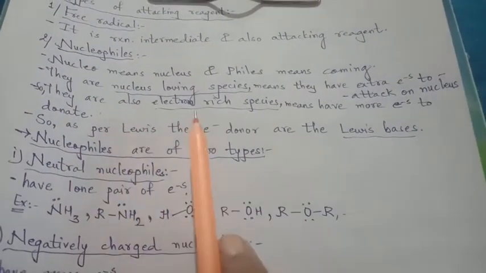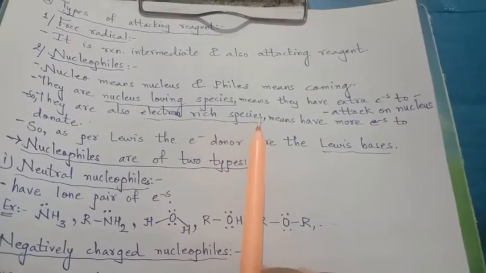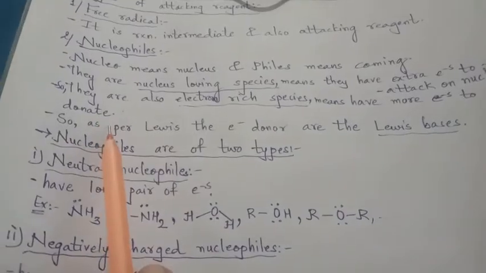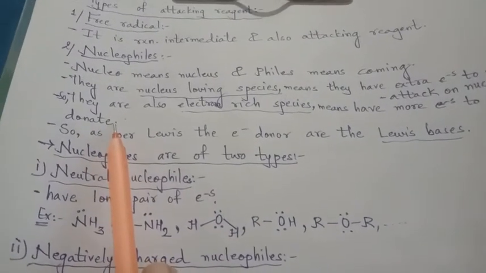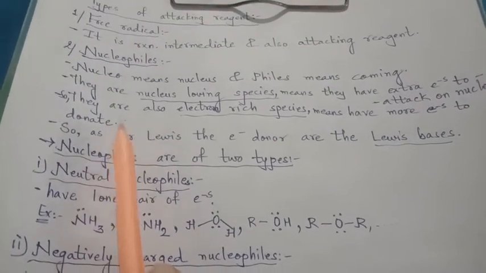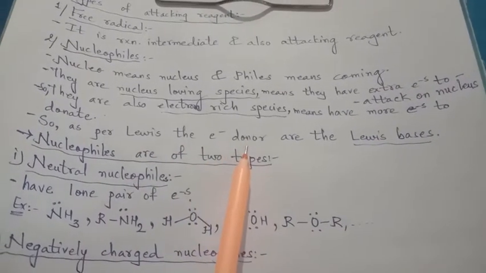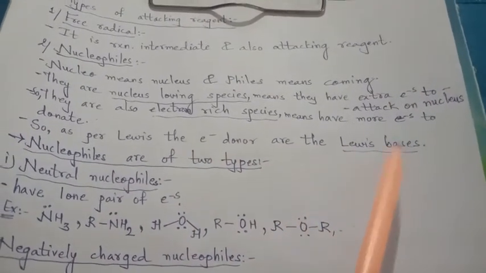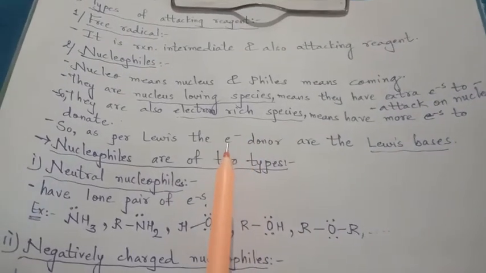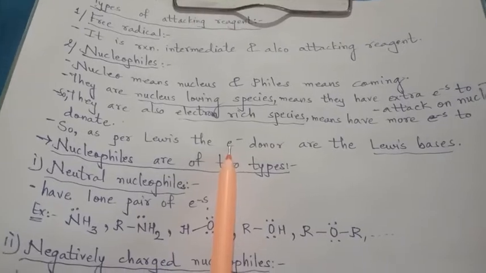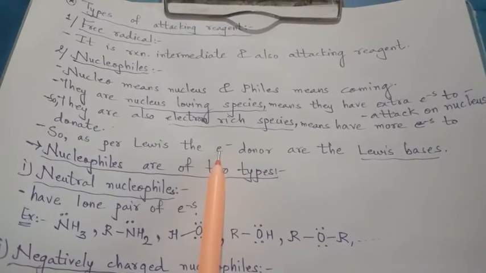They are also called electron rich species. That means they have more electrons to donate. And as per Lewis, those who are electron donors are Lewis bases. Right? You have learned in 10th standard about acids and bases, Arrhenius acid, Arrhenius base.